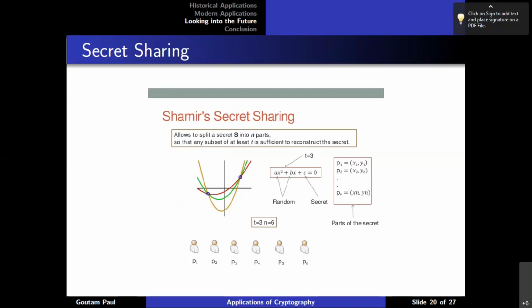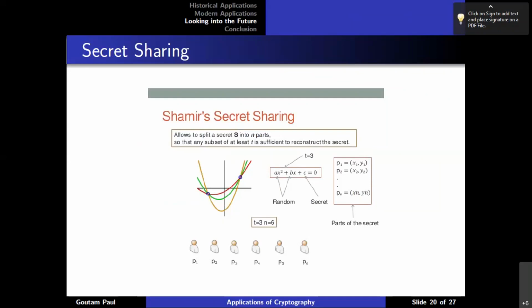So here, if there are 5 individuals, we plot the curve and generate, let's say, 5 points on the curve and share the x and y coordinates of those 5 points, each coordinate to each individual.